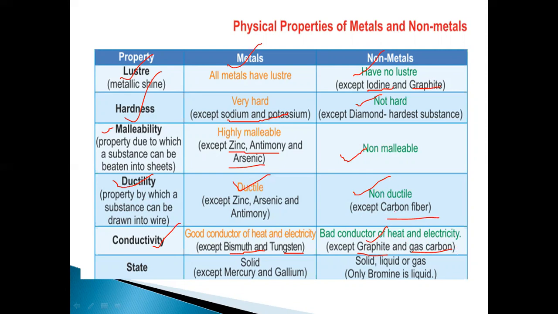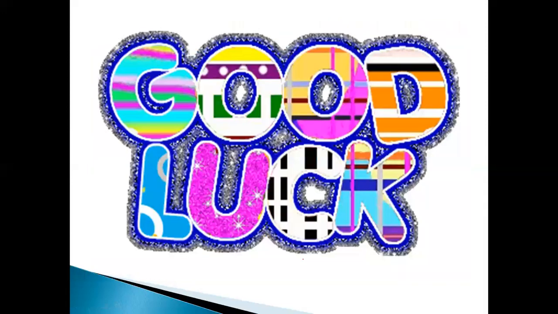For state, metals are solid and hard substances, and non-metals are solids, liquids and gases. Only bromine is liquid among the non-metals, most are gases and some are solids, and among metals, mercury and gallium are liquids.